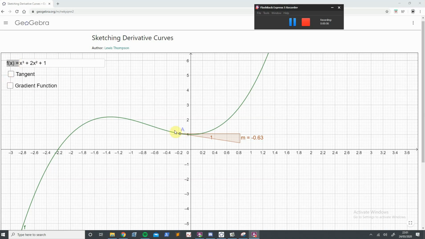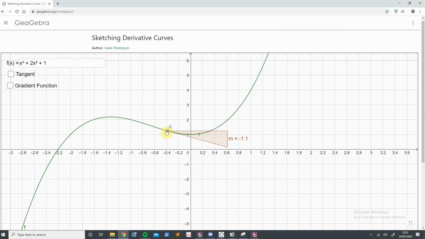So if I move this about here, we can see that my orange triangle is tracking the gradient, and A is just a point on the line. M is the value of the gradient at the specific point A. If I put a tangent on here, we can see that the gradient at this stage is positive.